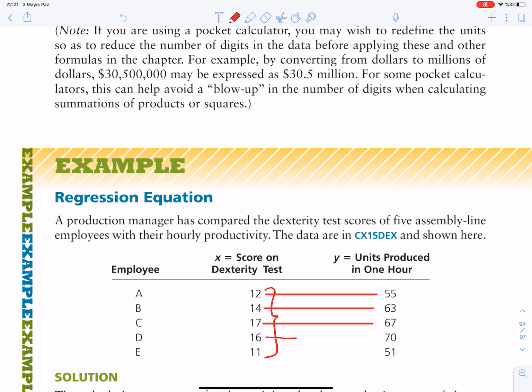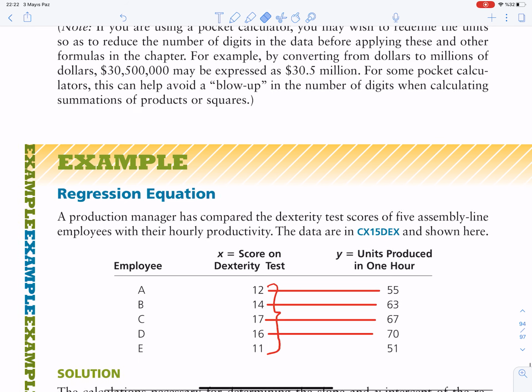But sometimes the score from the dexterity test gets less, from 17 to 16, a decrease, but the units he produced are even higher. For 11, remember that for 12 we have 55, so for 11 the units decrease. That's expected anyway.